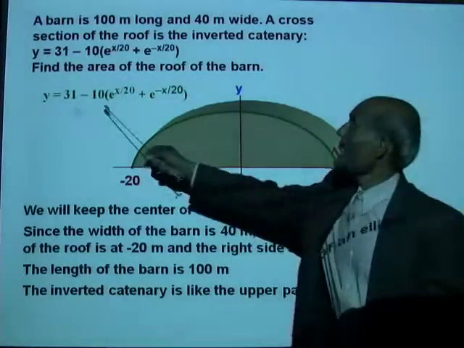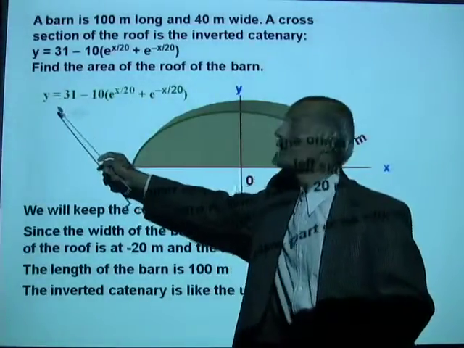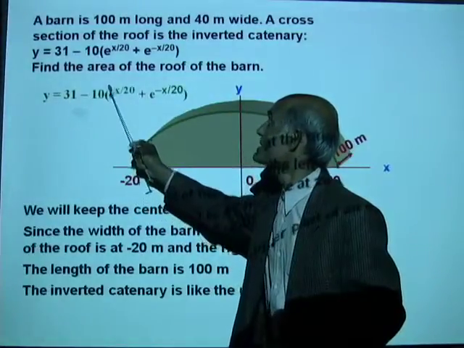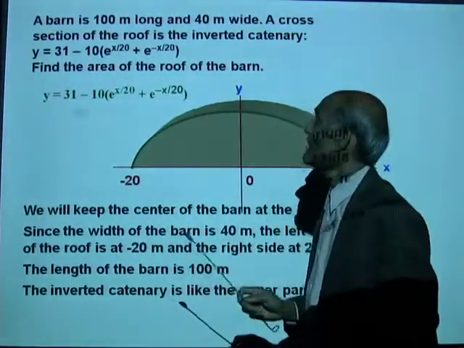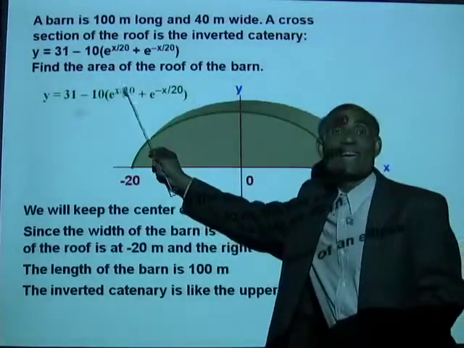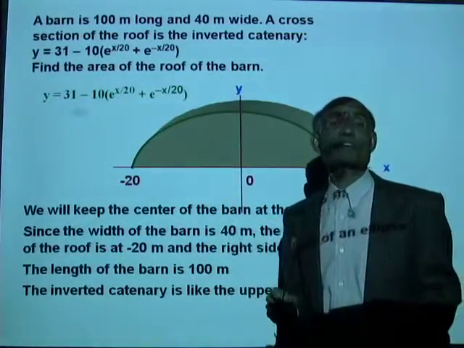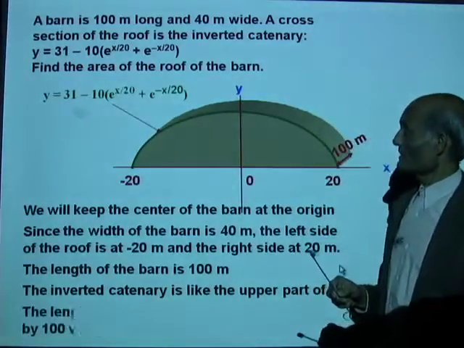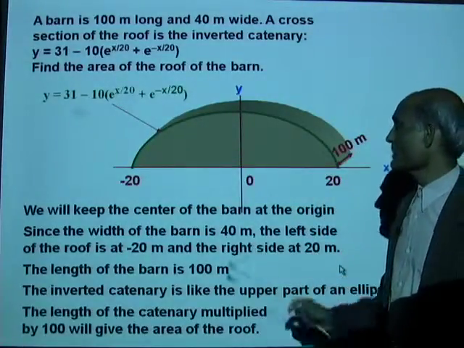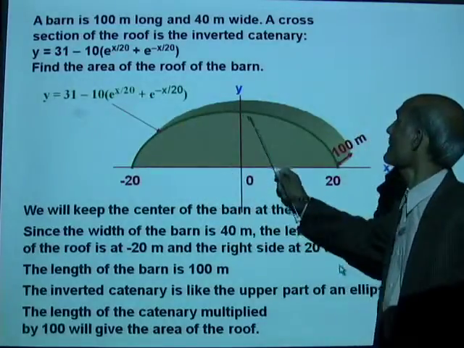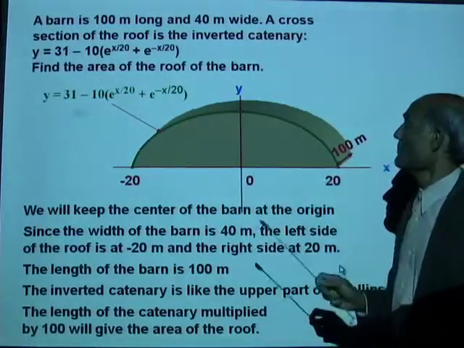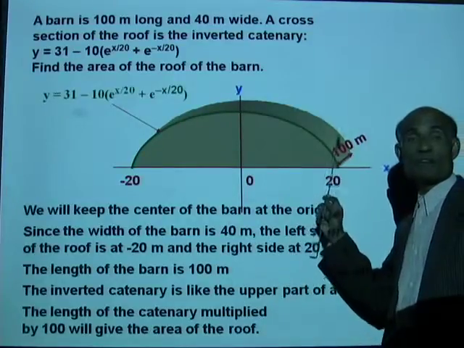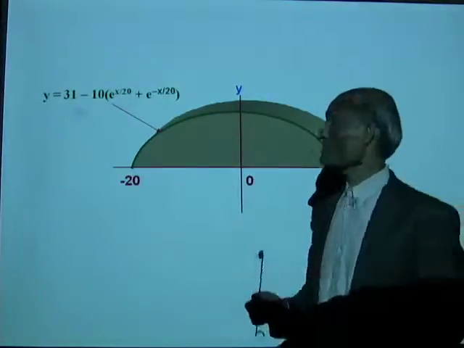Well, the equation of the catenary is y equals 31 minus 10 times (e to the power of x over 20 plus e to the power of negative x over 20). That's right. And once you find the length of the catenary, multiply that with the length of the roof. That will give you the area of the roof.